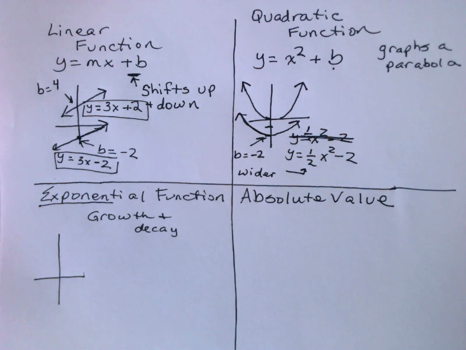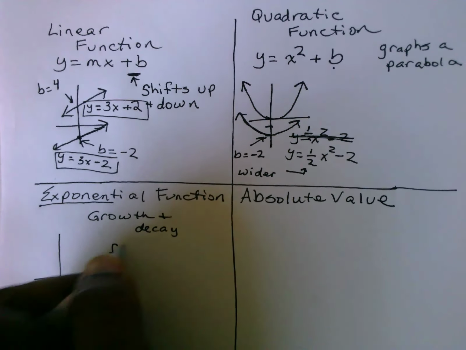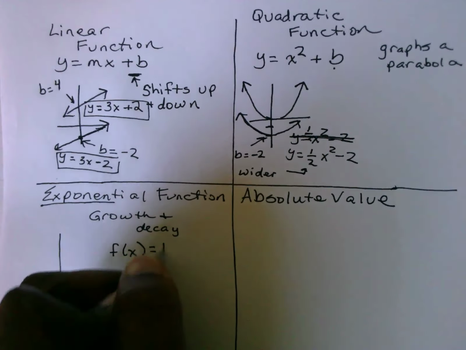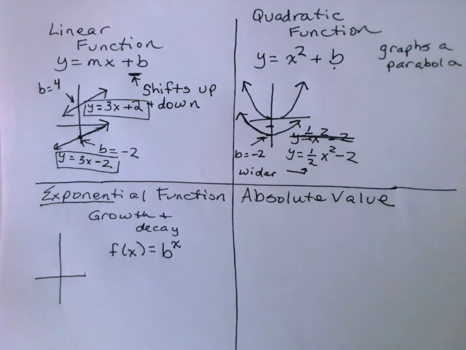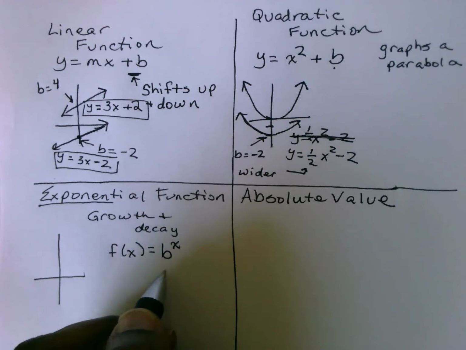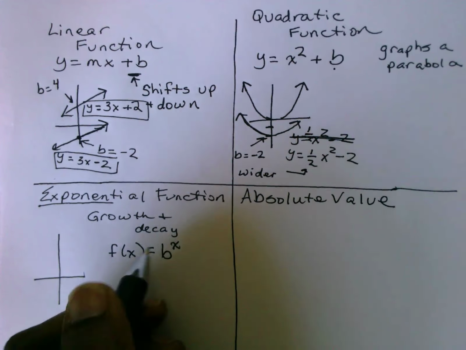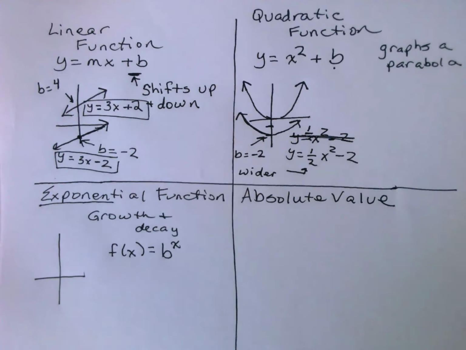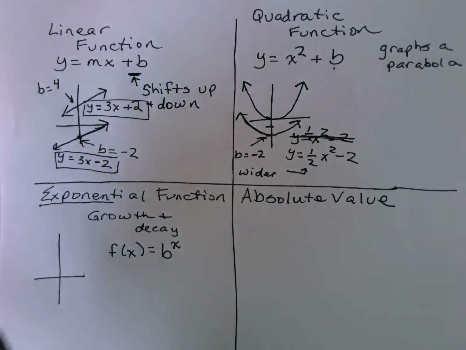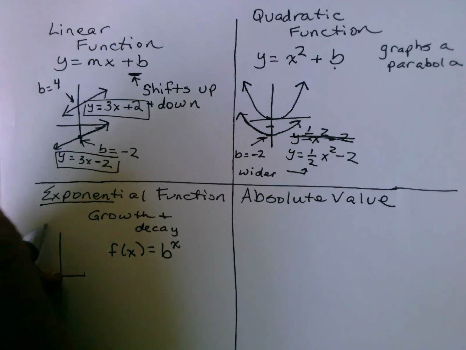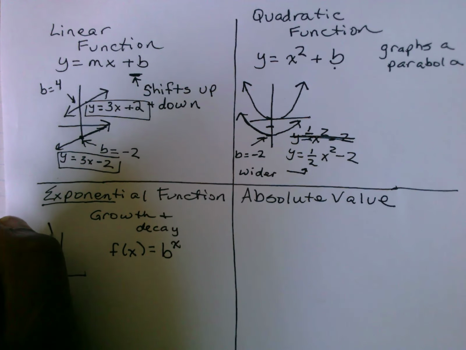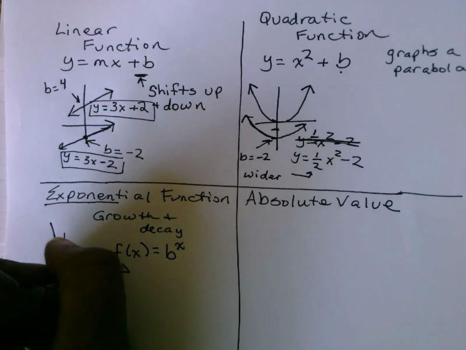An example of an exponential function is f of x equals b to the x. And that b, if it's growing, b will be greater than 1. If it's decaying, b will be less than 1 but more than 0. Not something that you really need to know, but an exponential function goes like this.